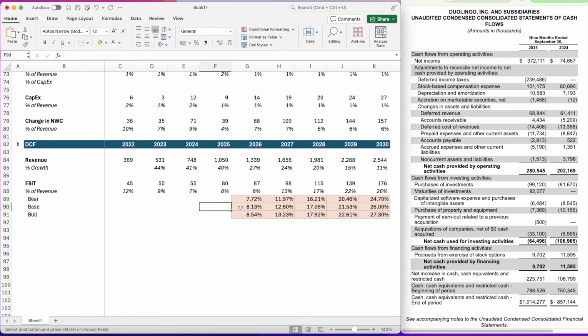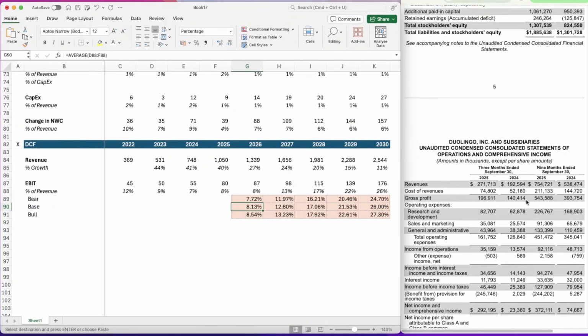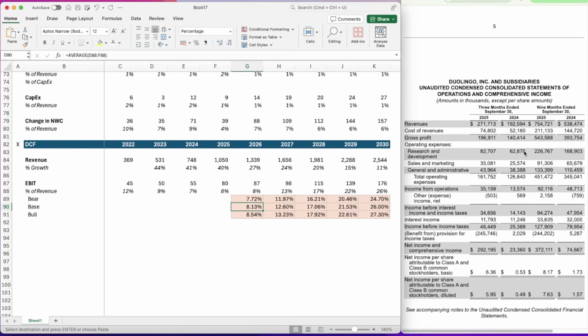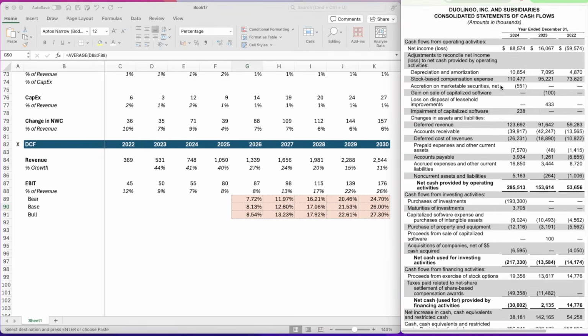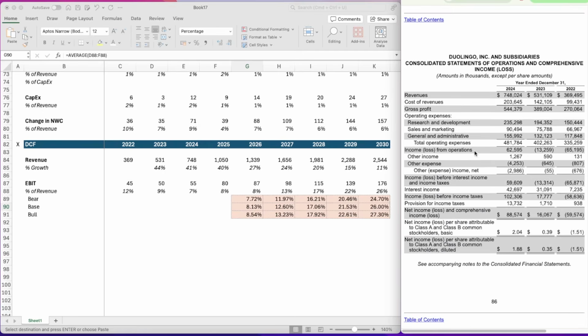And it's not looking great for the last few years of EBIT, but it's just they've had to spend so much on research and development. See, look how much they're spending on research. Yeah, that's a lot spent on research and development.